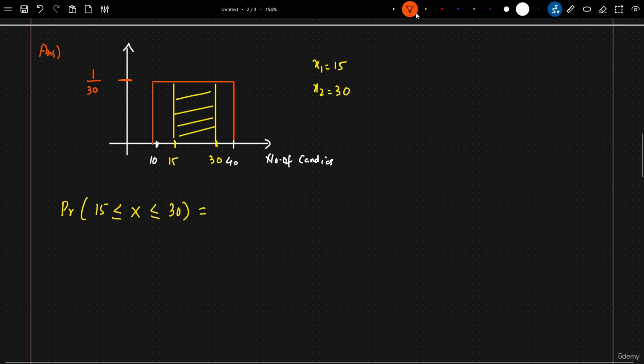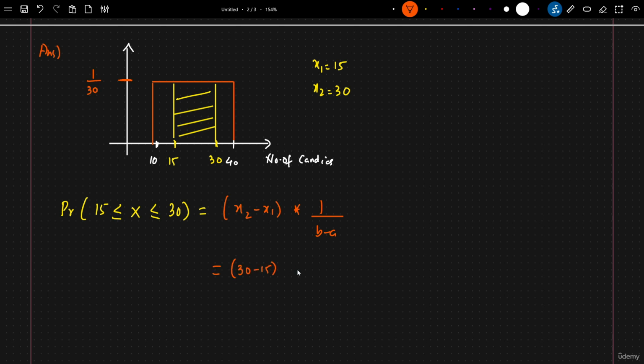Now, we take the difference x2 minus x1, then multiply by the probability density we get over here, 1 divided by (b minus a). So it is 30 minus 15 multiplied by 1 by 30. Here you will see it is 0.5. So the probability of daily sales between 15 and 30 is around 0.5. And this is how we do the calculation.